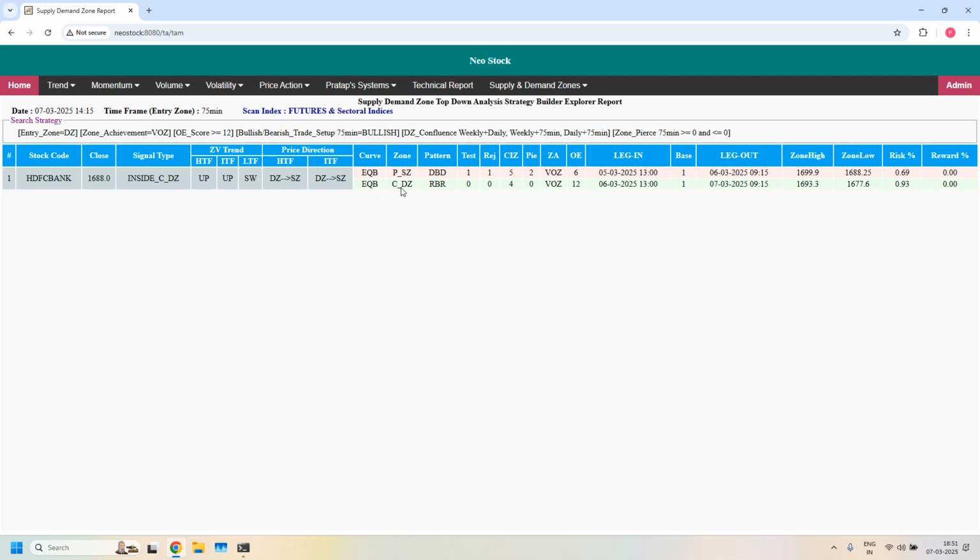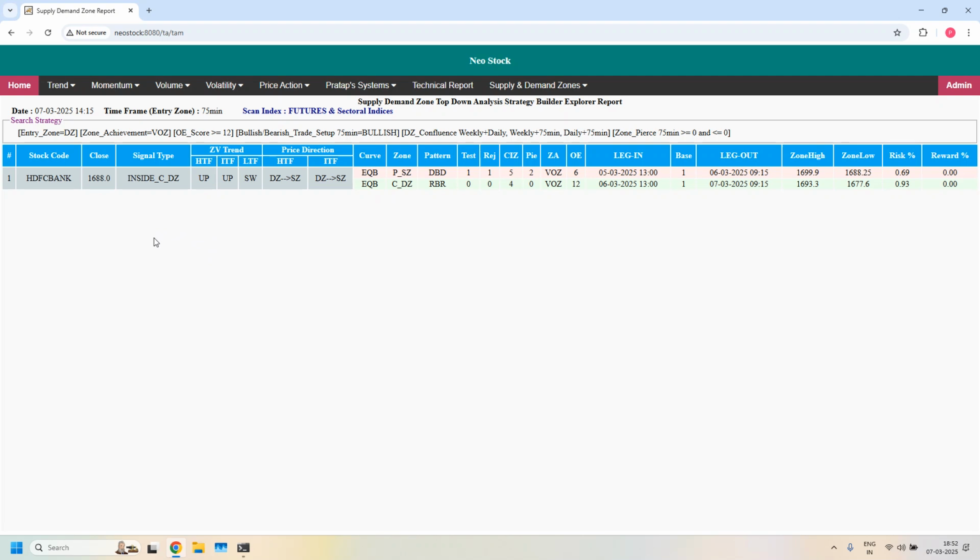So that means in this stock, this is the 75 minutes demand zone, overlapped with daily demand zone. Both together overlapped with weekly demand zone. And the weekly trend is up. If the weekly demand zone is having weekly EMA confluence, then this stock has an even higher probability to succeed.